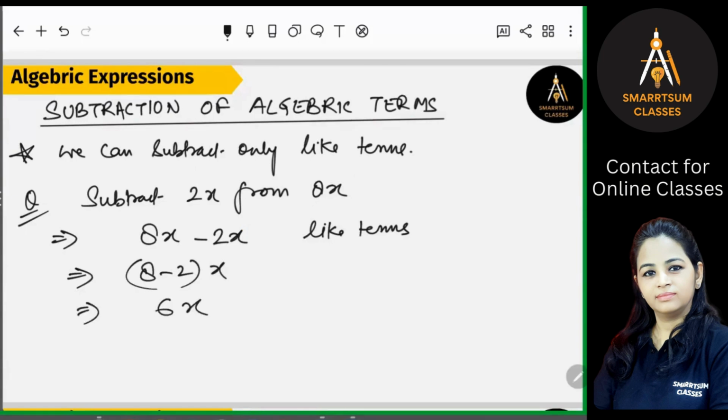Is that clear? While subtracting the numerical values, you have to follow the integer rules. Here I'm not writing any algebraic terms having a negative numerical coefficient; we'll be doing that now. So remember, while adding and subtracting the numerical values, you have to follow the integer rules. Please note it down.